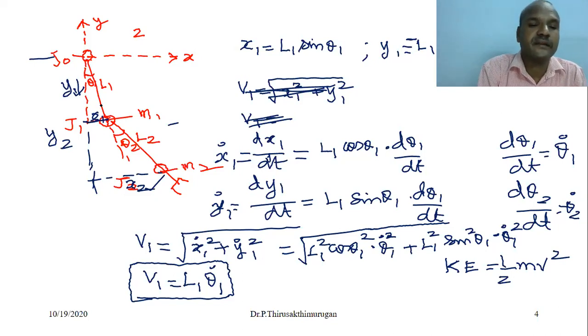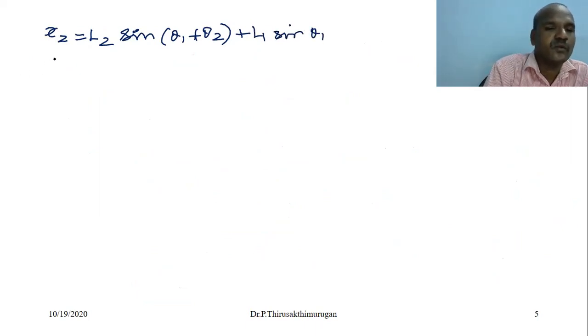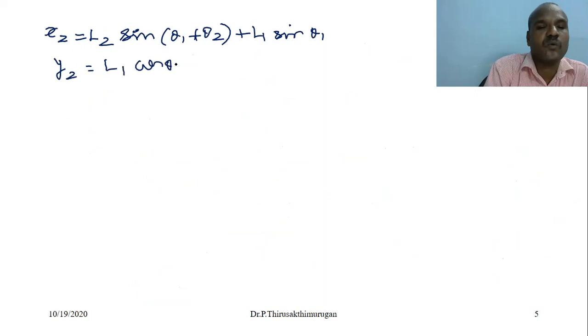So what do you get? x1 plus x2, right? Very good. Plus L1 sin theta 1. Y2 is L1 cos theta 1 plus L2 cos of theta 1 plus theta 2.